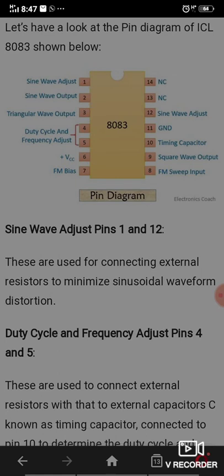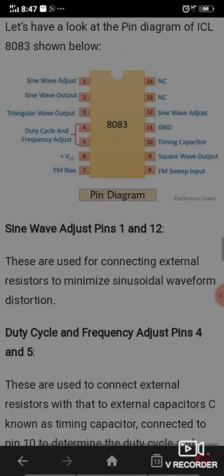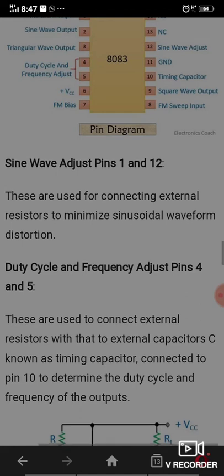Duty cycle and frequency adjust pins 4 and 5 are used to connect an external resistor, with the external timing capacitor connected to pin 10, to determine the duty cycle and frequency of the outputs.